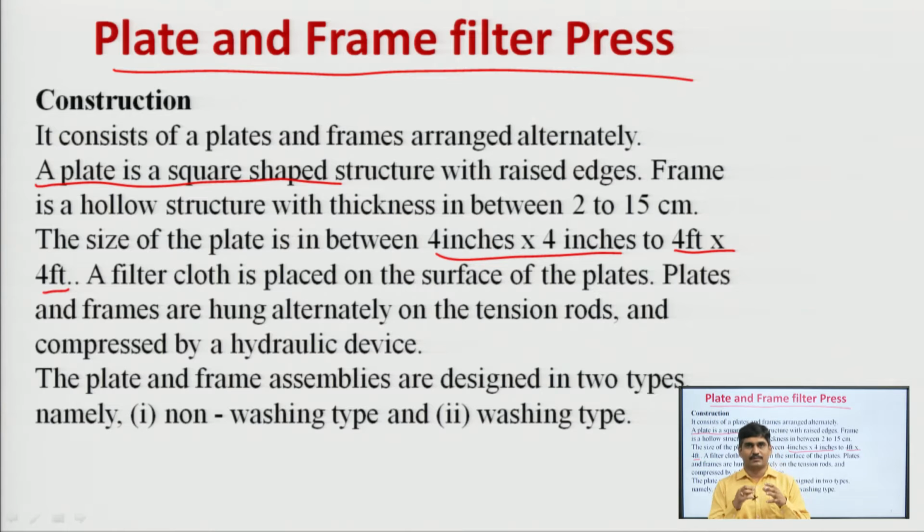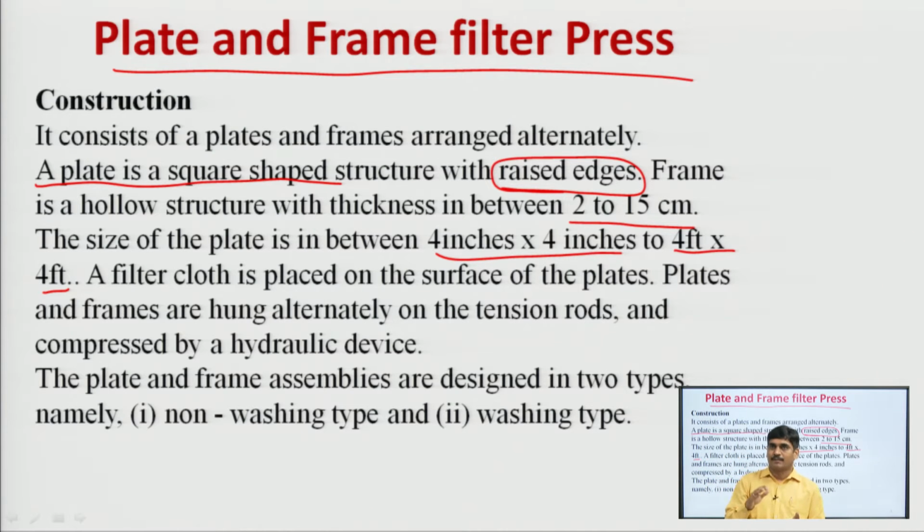So, the plate is a square shaped structure with raised edges, the edge of the plate should be raised. A frame is a hollow structure and the thickness of the frame is between 2 to 15 centimeters. The size of plate and frame are the same, both are square shaped structures. A filter cloth is placed on the surface of the plates.